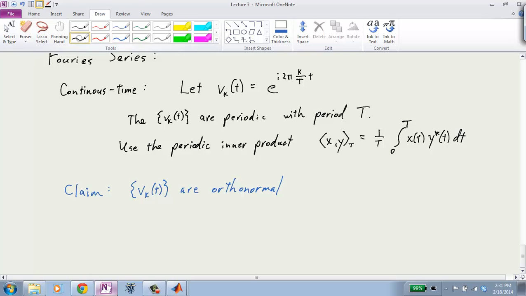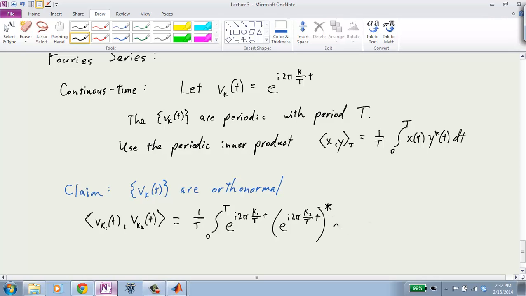We will check it by just taking the inner product of v_k1(t) and v_k2(t). Take that inner product: 1/T, integral from 0 to T, e^(i2πk1/T · t), and then our second signal, e^(i2πk2/T · t). We conjugate the second one, dt.